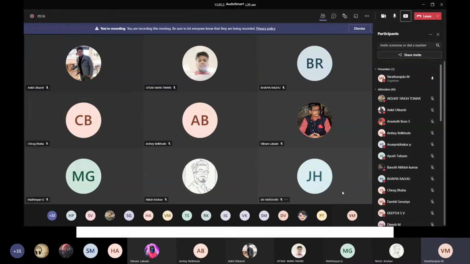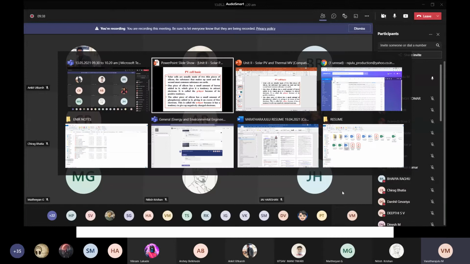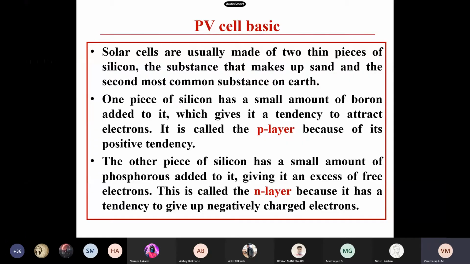Okay, anyway, we'll start our session. In the last class, we were introduced to the photovoltaic effects.